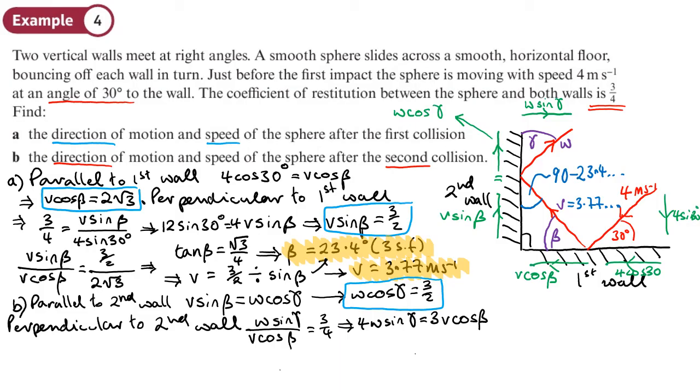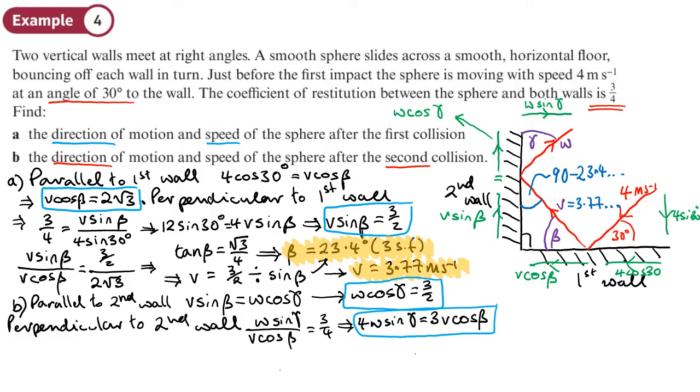Now we know V and beta. So now I'm going to do W sine gamma over W cos gamma. That'll be my next step.